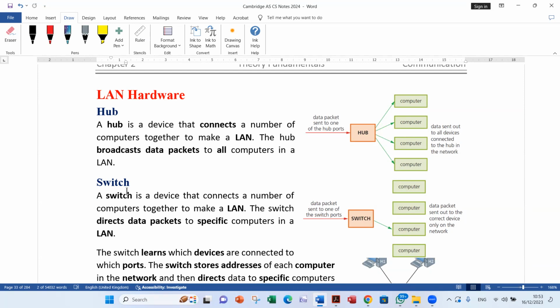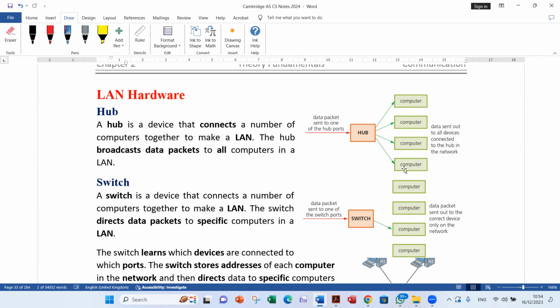However, the hub transmits data to all computers in the star network topology and may cause collisions. The switch only transmits data to the required computer and it will cause no collisions.